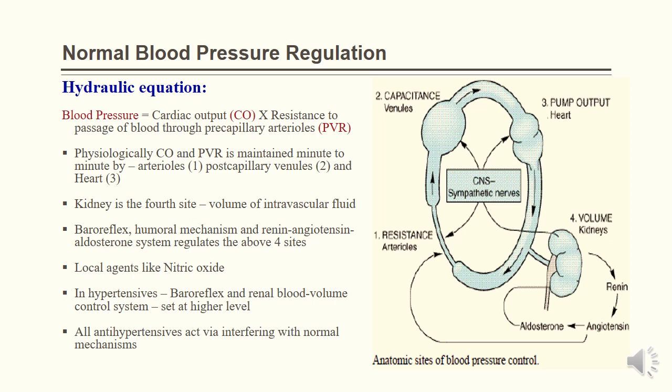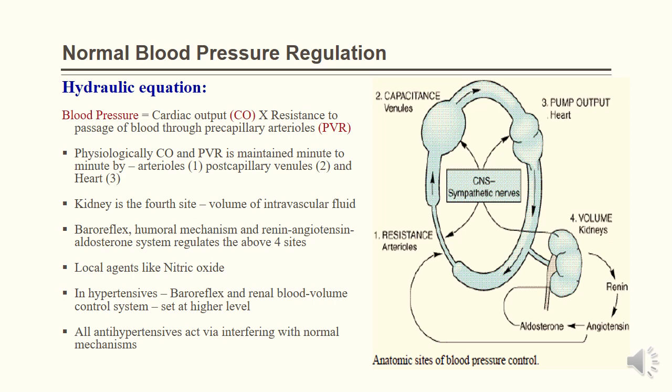According to the hydraulic equation, arterial blood pressure is directly proportional to the product of blood flow as cardiac output and the resistance of blood through the precapillary arterioles as PVR. So blood pressure equals cardiac output times PVR.